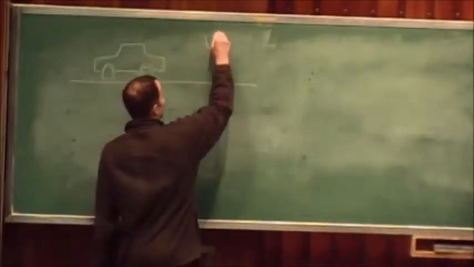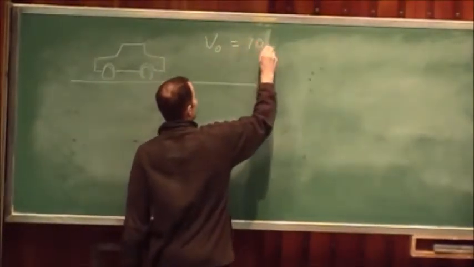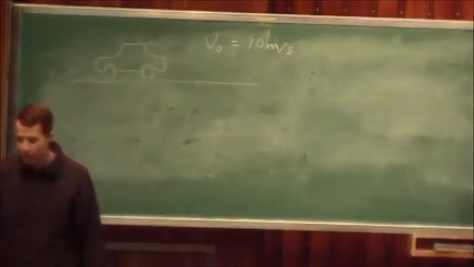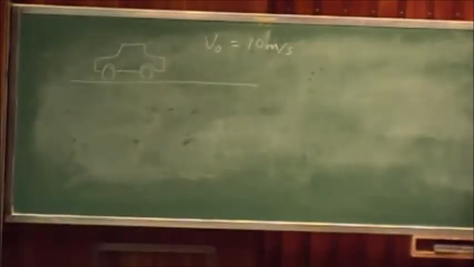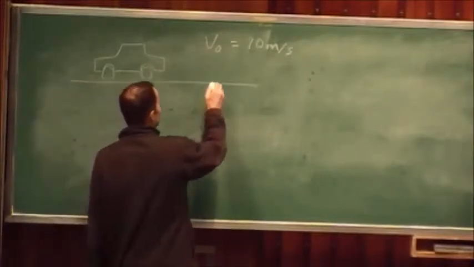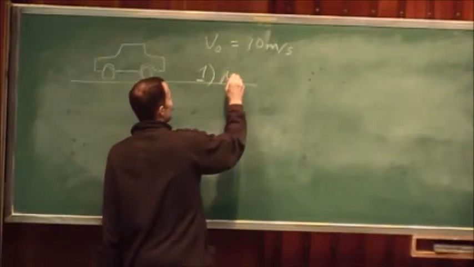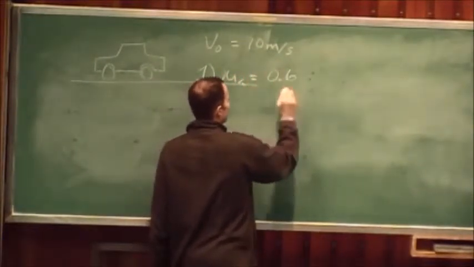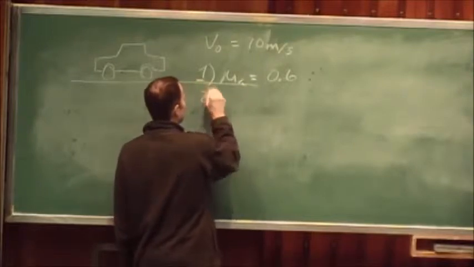So we're going to do 3 things. We're going to assume that the initial velocity is 10 meters per second, which I think is about 21 miles per hour, so we're not going too fast. In case 1, we can just assume mu k is 0.6, I think is what they said in the book.